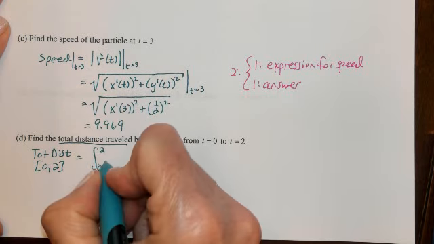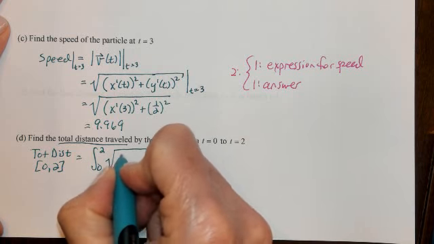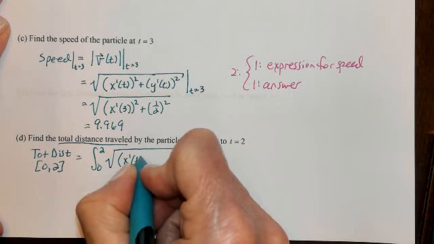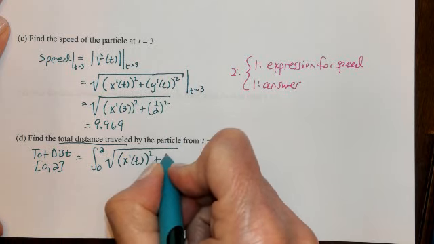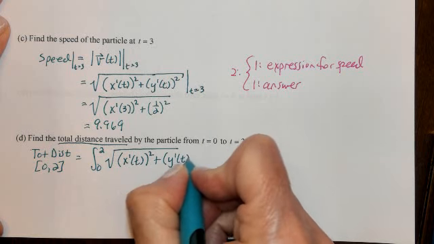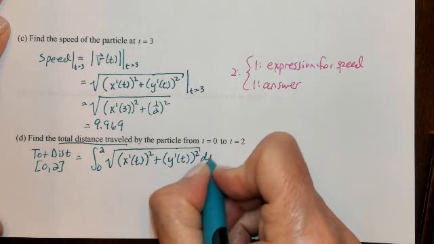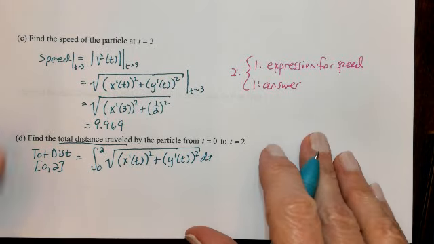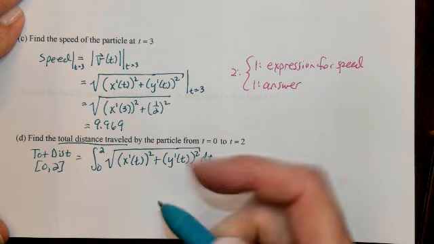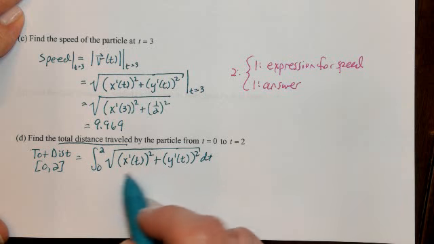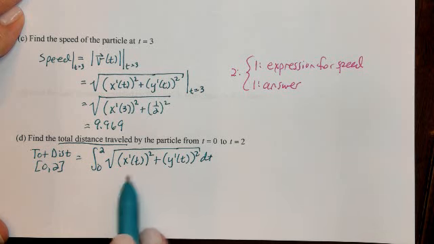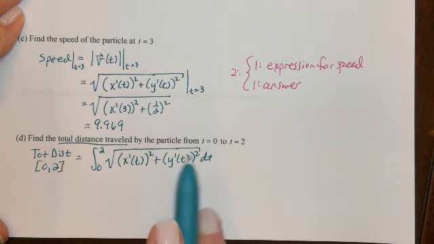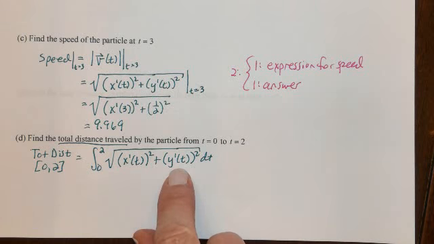So I'm going to write this out. So the integral of the square root of x prime of t squared plus y prime of t squared dt. Okay. Now usually this is just a straight calculator problem, but in this case it's not, because we don't have an exact expression for y prime, right?